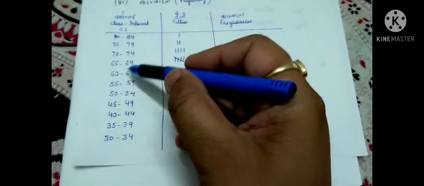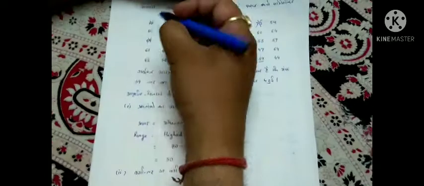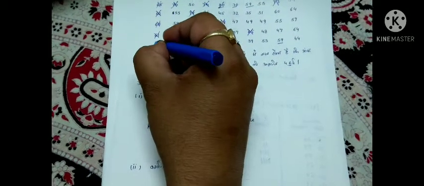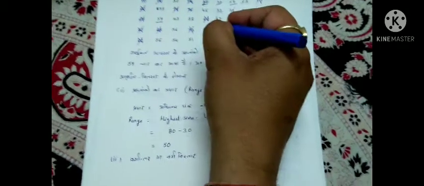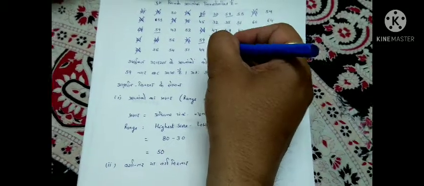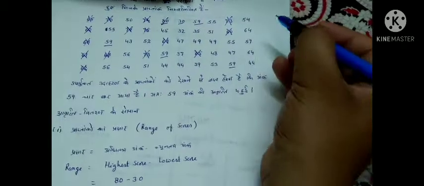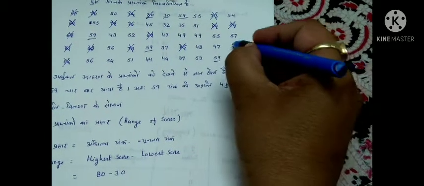Okay, now the next class interval is from 60 to 64. Let us count 60 to 64. 1, 2, 3, 4, 5 and 6.